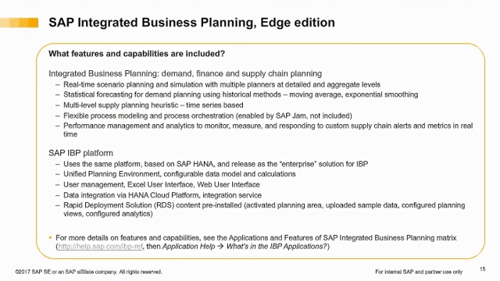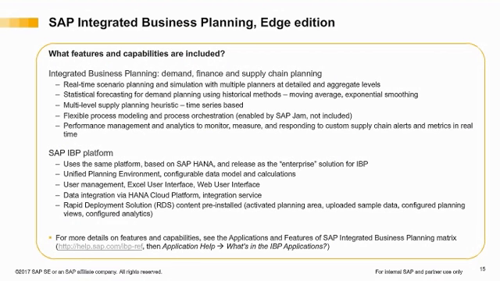IBP Edge Edition is currently the only IBP solution available for resale by partners via the Cloud Choice profit option only. For more details on features and capabilities, see the Applications and Features of SAP Integrated Business Planning Matrix in Help Portal.